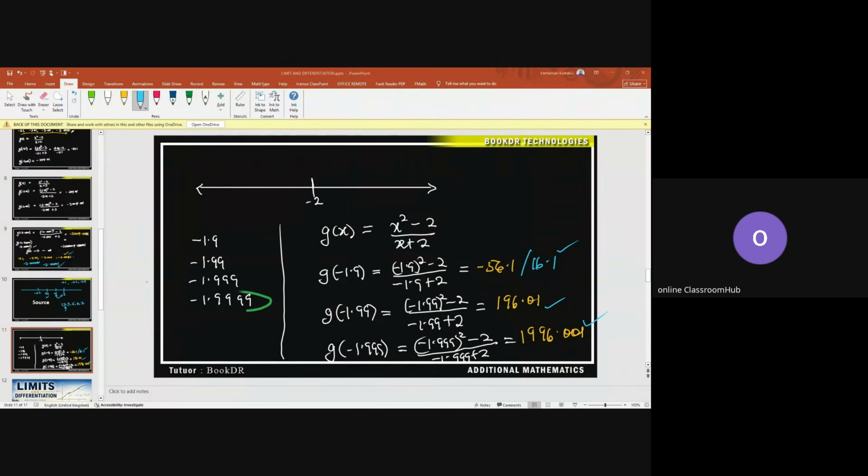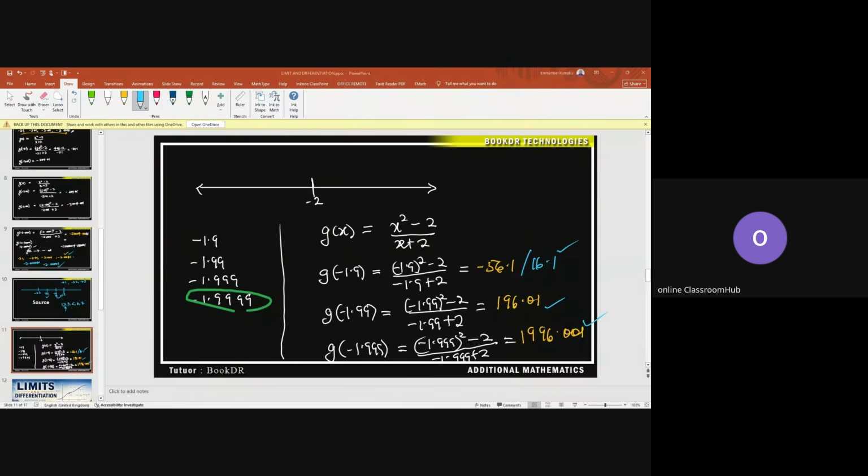So the last one here is closer to the negative 2, and the answer is also getting bigger and bigger and bigger and bigger.